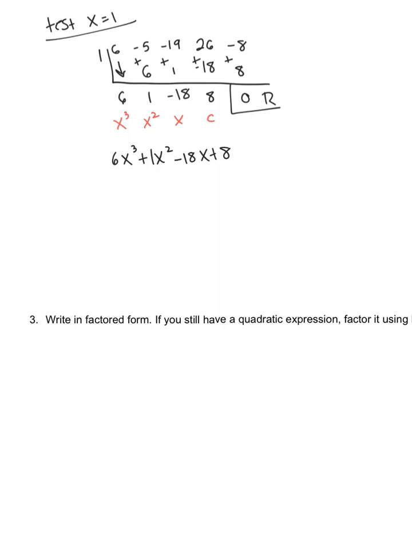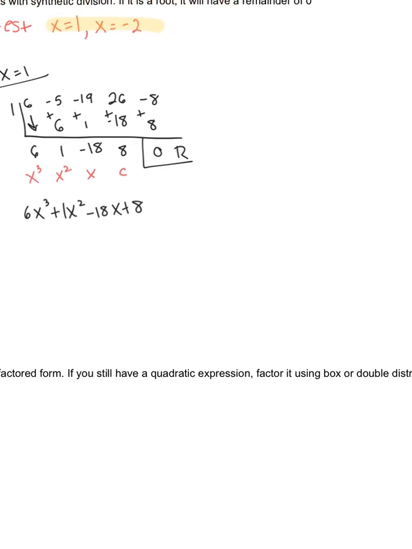What it means when you get a remainder of 0, according to the rational root theorem, is that the number that you've tested is a root. So if you get a remainder of 0, it is a root. If you get a remainder of anything other than 0, it's not a root.